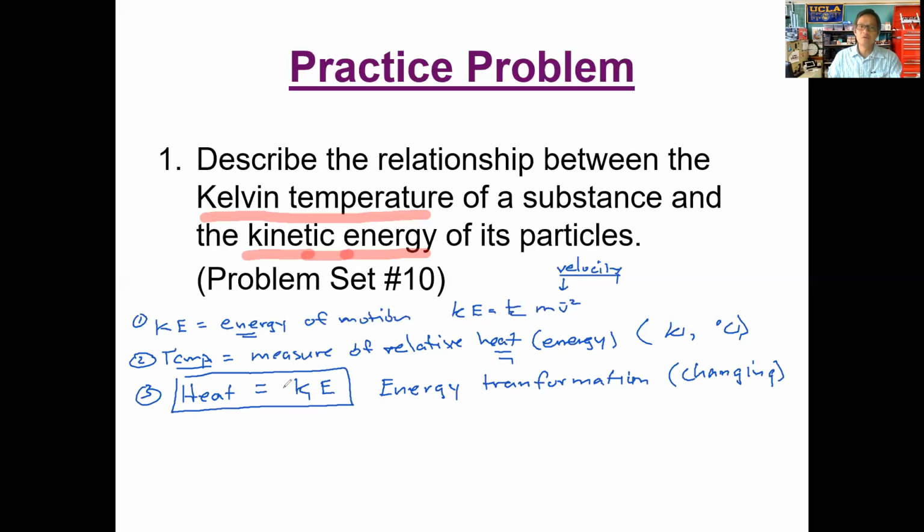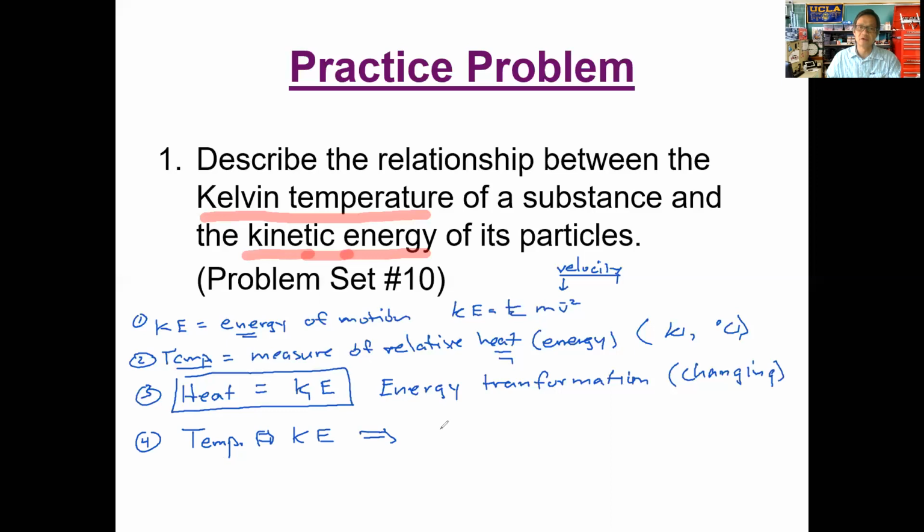So what we do is obtain a relationship that we can use, between kinetic energy and what we can measure, which is temperature. If heat is related to kinetic energy, temperature must also be related to kinetic energy.